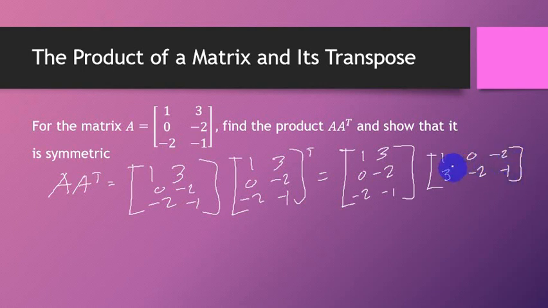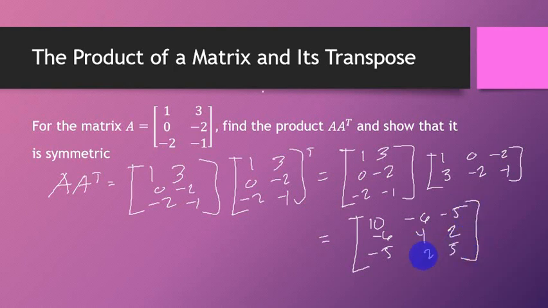Performing this operation, we're going to have the following matrix: 10, negative 6, negative 5, negative 6, 4, 2, negative 5, 2, 5.